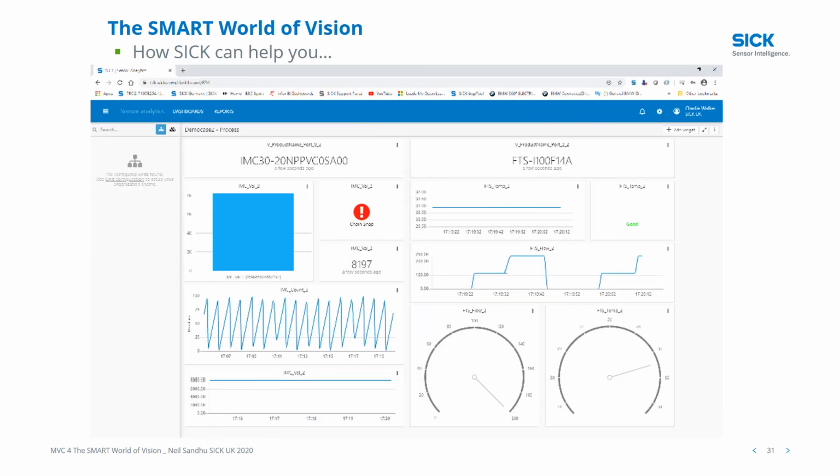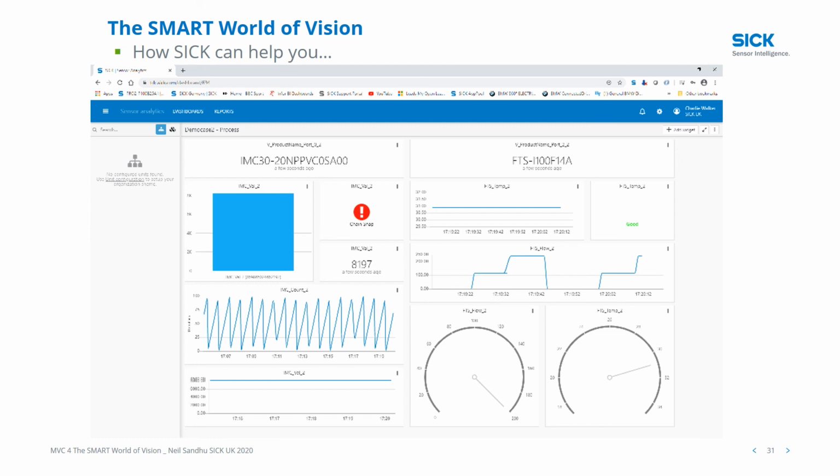And typically, as an example here of a demonstration dashboard, as we call it, from our device, we have the ability to monitor, in this case, flow rates from a sensor. In quality inspection here with a vision system, we can know if there's a potential problem with a drive chain.